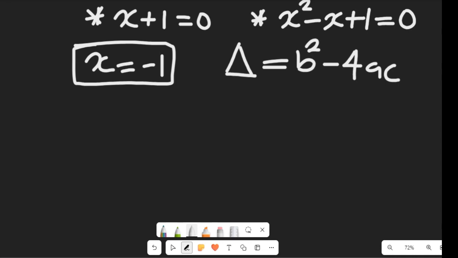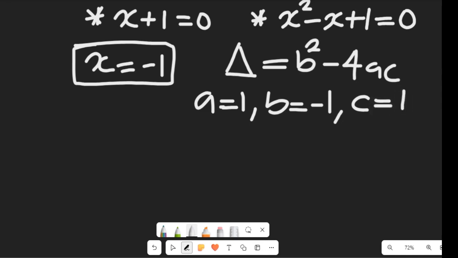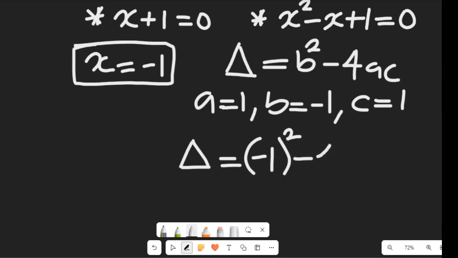And considering that expression, our value of a is equal to 1, our value of b is equal to negative 1, and our value of c is equal to 1. So our discriminant will now be equal to b squared, which is negative 1 squared, minus 4 multiplied by 1 and multiplied by 1.